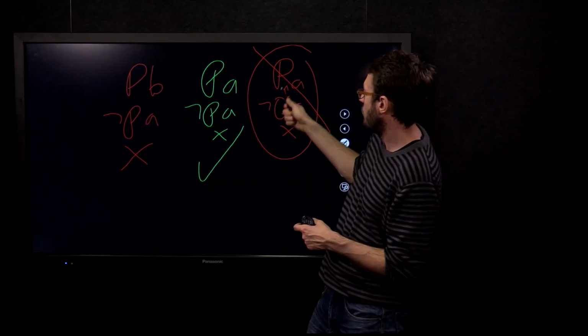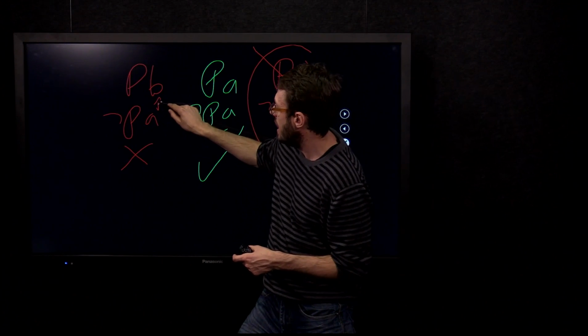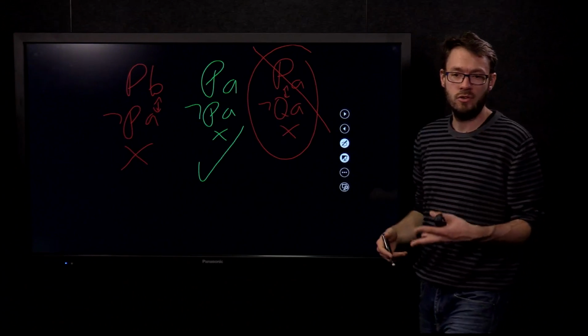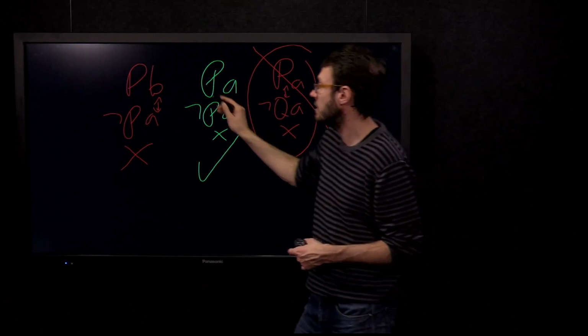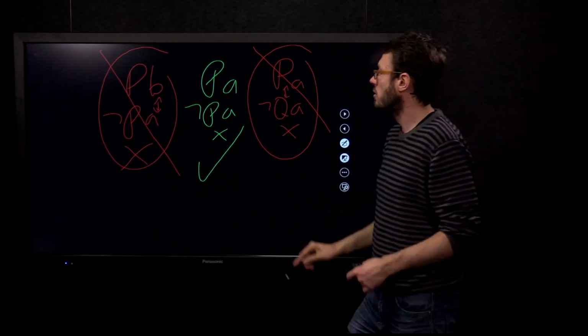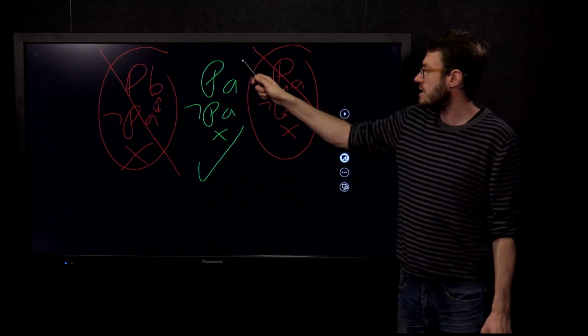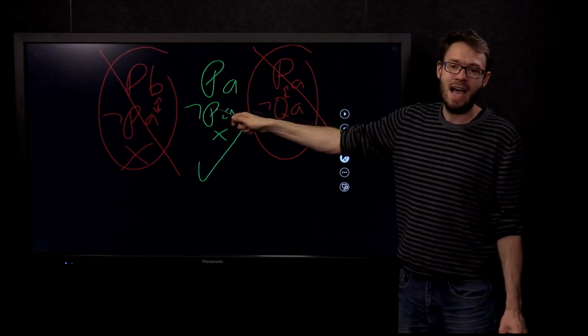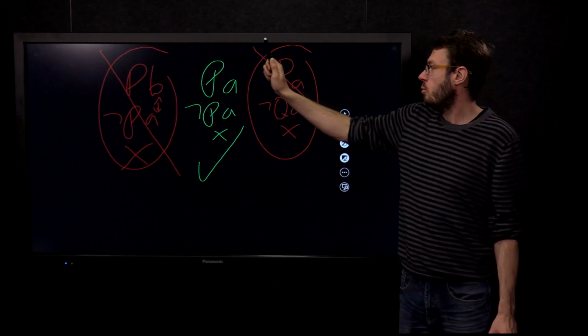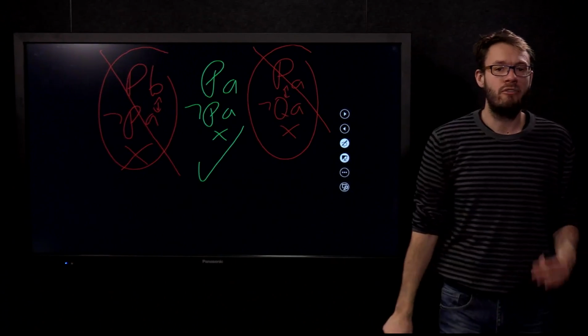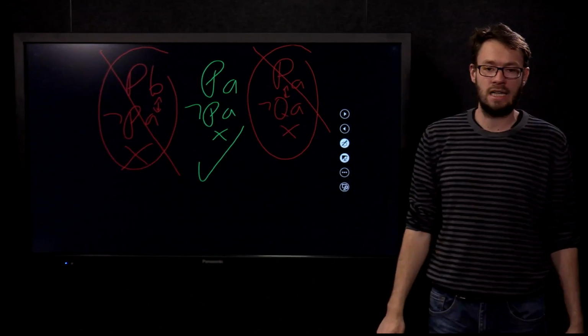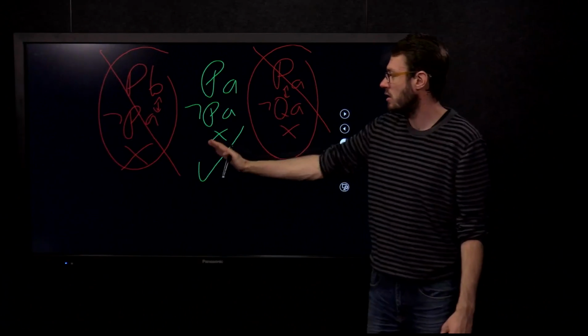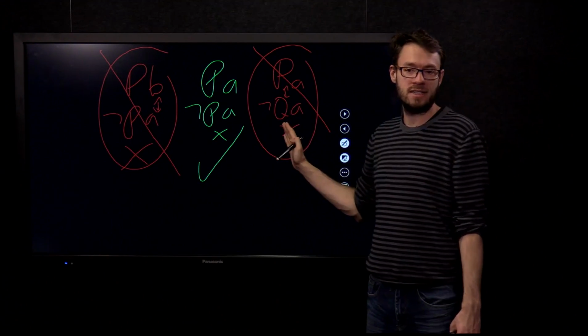So it's not just the predicate letters that have to agree, but the names also have to agree in order for you to close that particular branch. What you're looking for when you're looking for closure is a predicate letter and the negation of that predicate letter with exactly the same name falling inside the slot following the predicate letter. That's what you close on. You don't close on either of these other things.